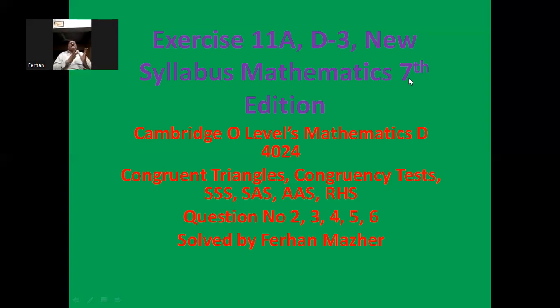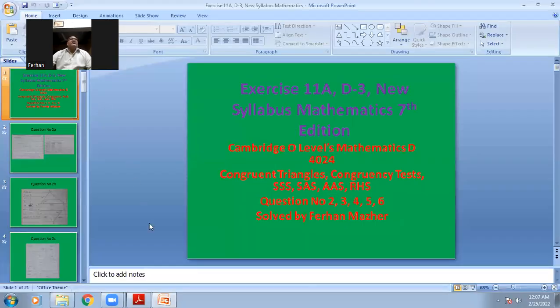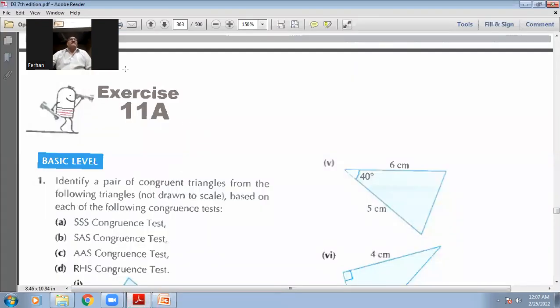If the 3 sides of one triangle are congruent to the 3 sides of another triangle, then we can say that the triangles are congruent. In the same way, side, angle, side: if 2 sides and one angle, and that angle is the included angle between those 2 sides, we can prove that these two triangles are congruent.